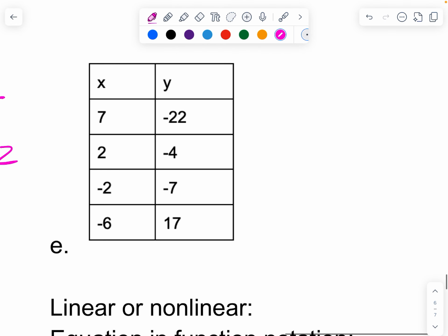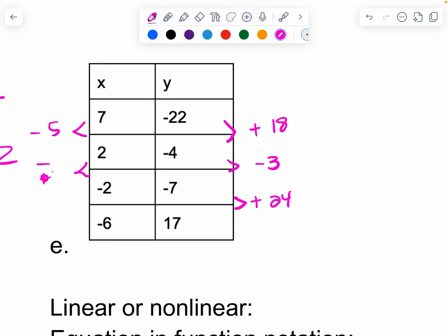This over here, this is going down or up by 18. This is going down by 3. This is going up by 24. This is going down by 5. Up by, nope, down by 4. This is going down by 4. So that would be 18 over 5. Negative 3 over, nope, not linear.